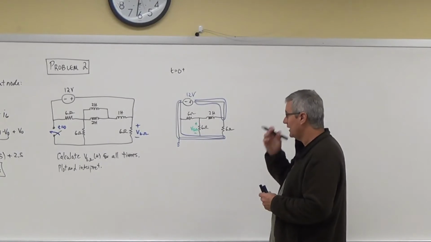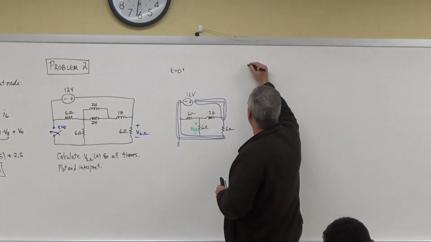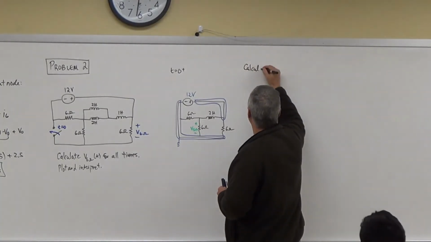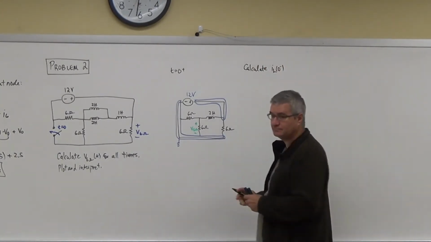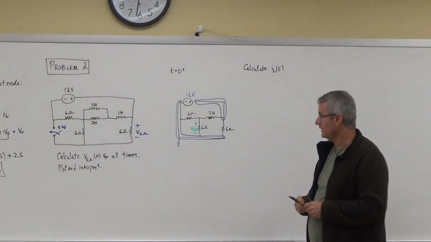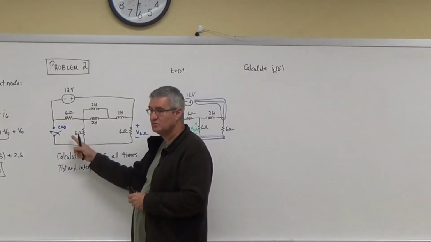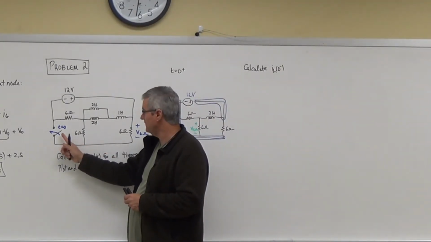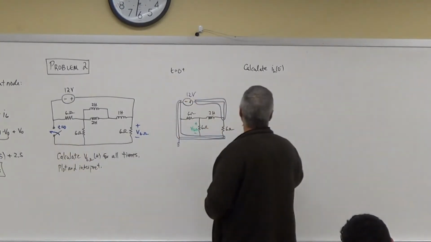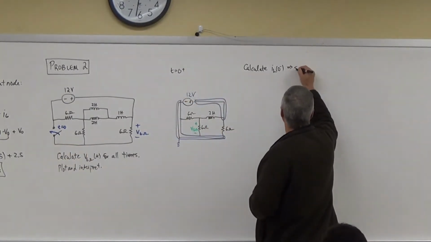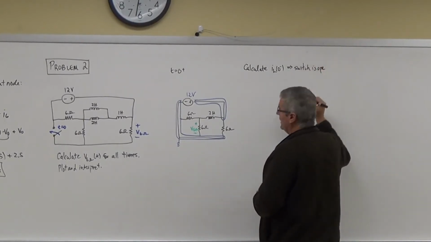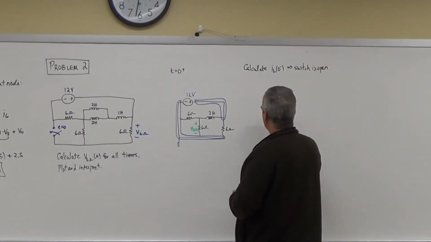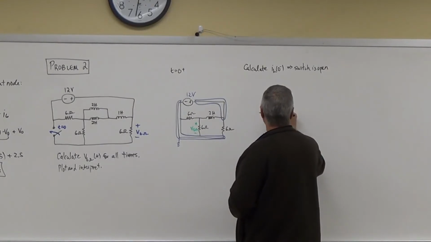So the first thing I've got to do here is calculate IL of 0 minus. If I calculate I of 0 minus, I'm assuming steady state, so that means that the switch is open. When I look at this circuit at steady state, I really have this.